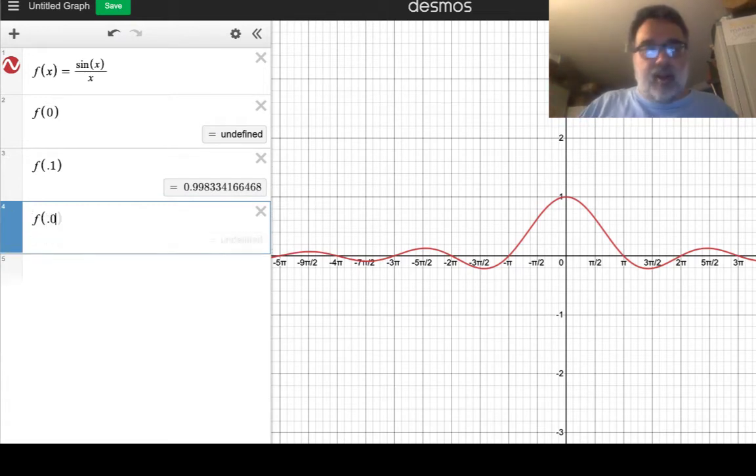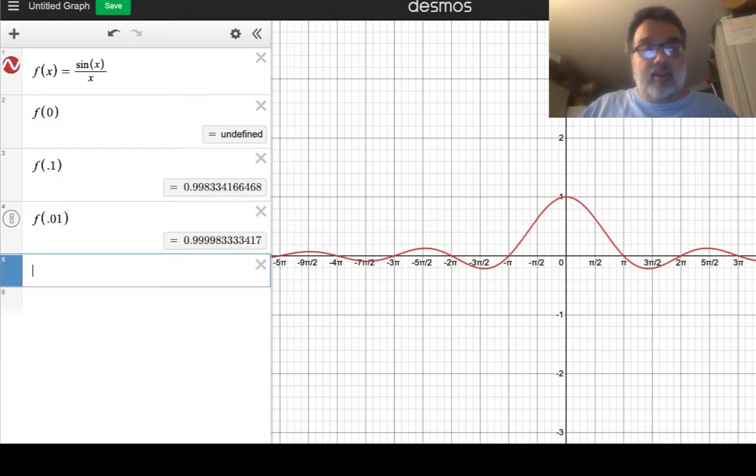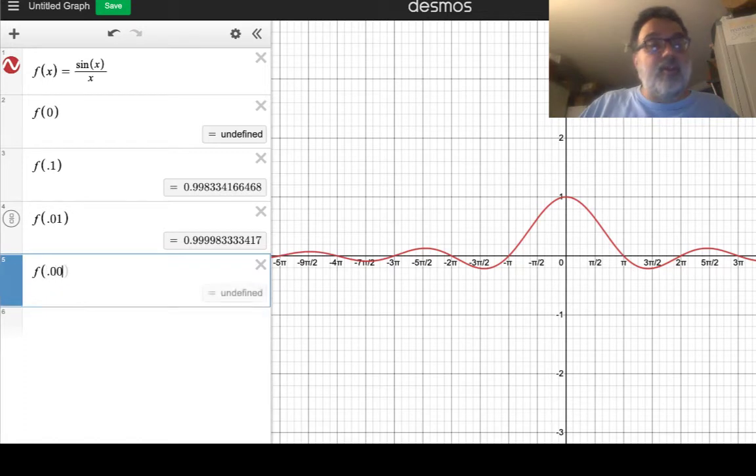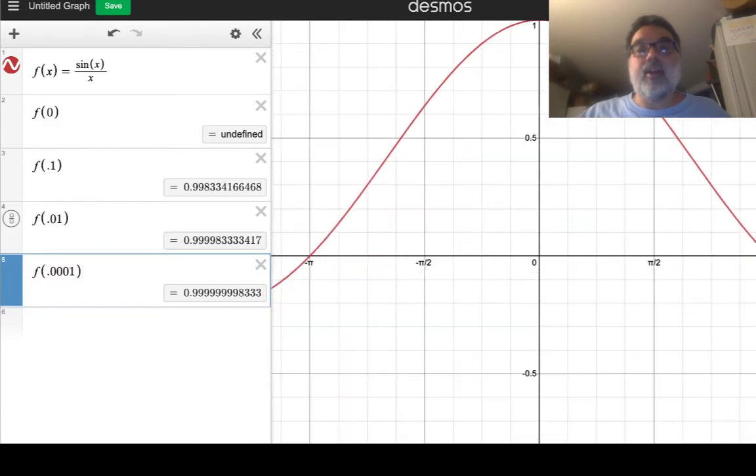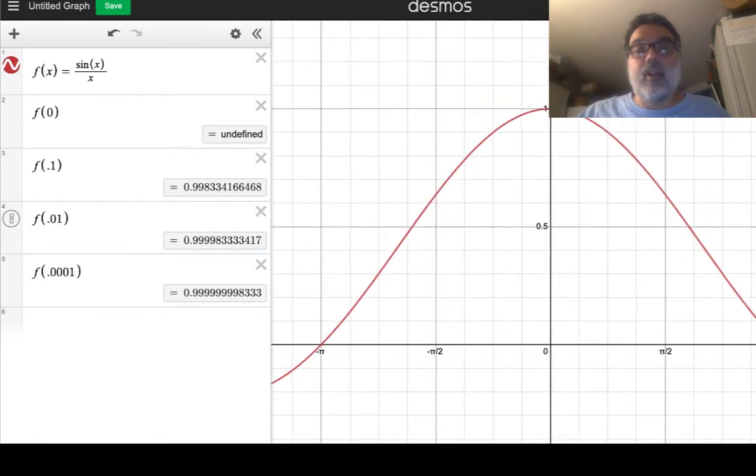If we do f of 0.01, well, now we've got 4 nines. F of 0.0001, we're almost running out of digits for nines, all right? So as we get closer, it's definitely getting closer and closer to 1. And we can see that even as we zoom in. Can't see a hole in it or anything, even though that point is undefined.